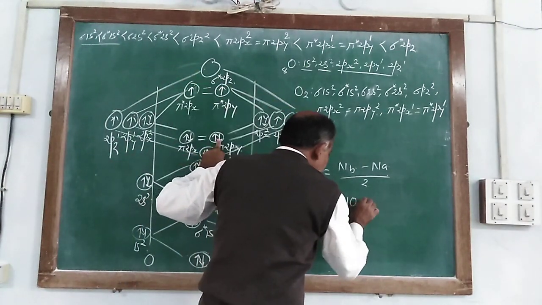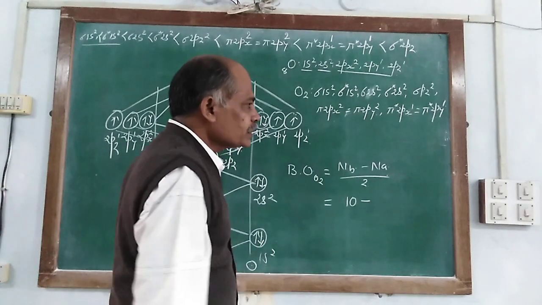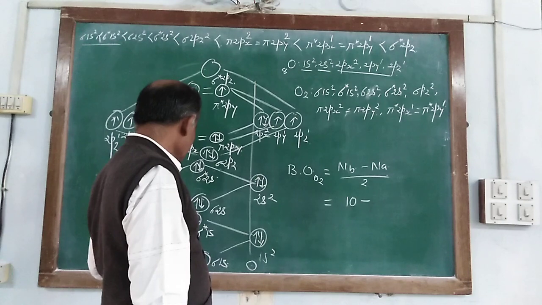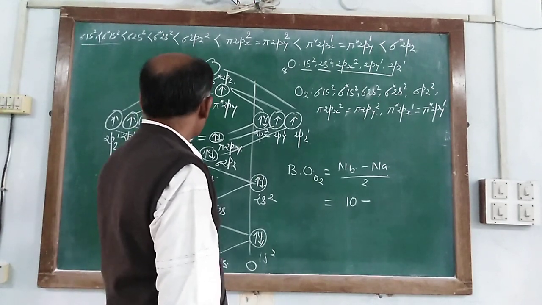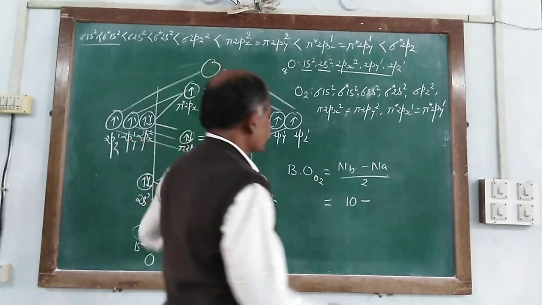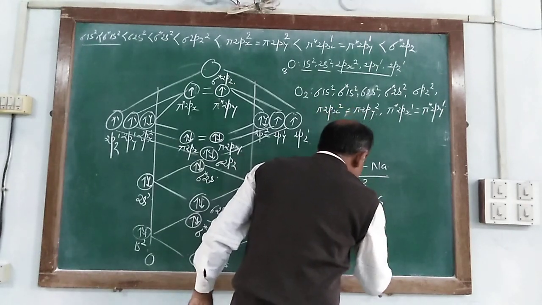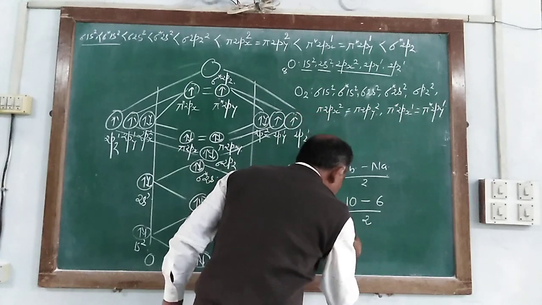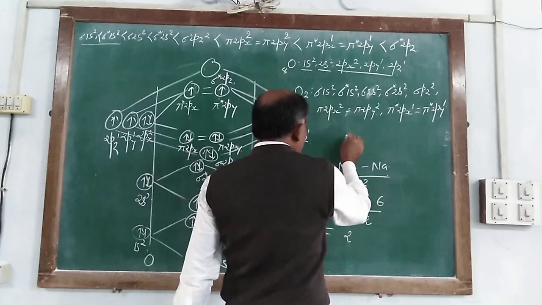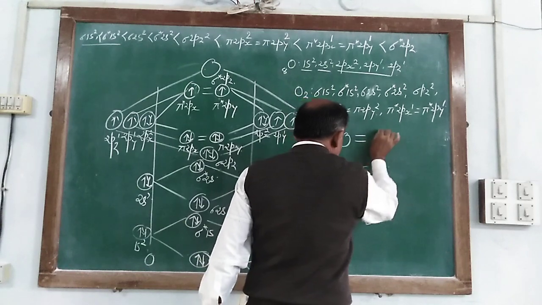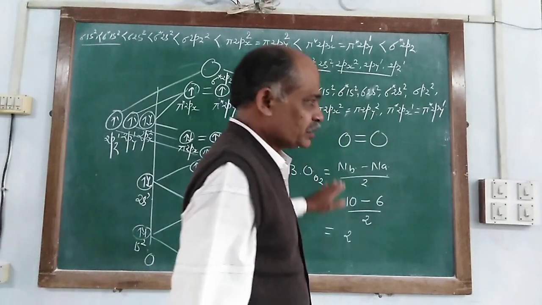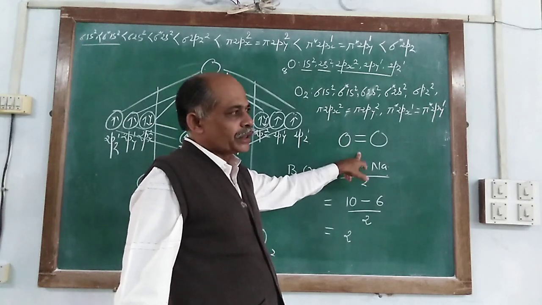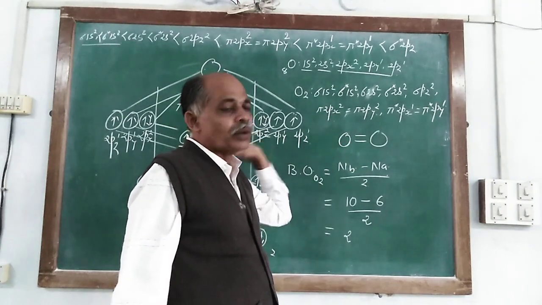So we put 10 minus the number of electrons accommodated in antibonding molecular orbitals, which is 2, 4, 5 and 6, divided by 2. So it is 10 minus 6, 4, 4 by 2, 2. So in the oxygen molecule, oxygen and oxygen are linked by a double bond.